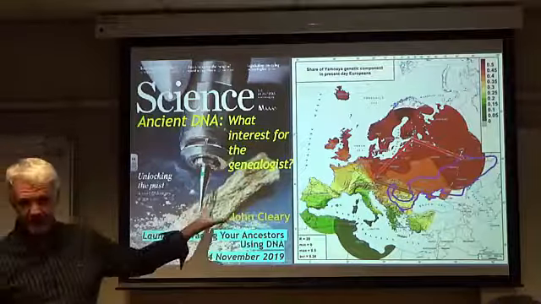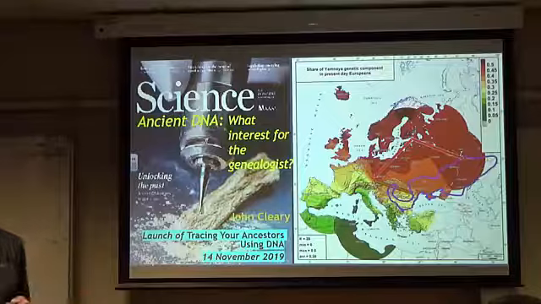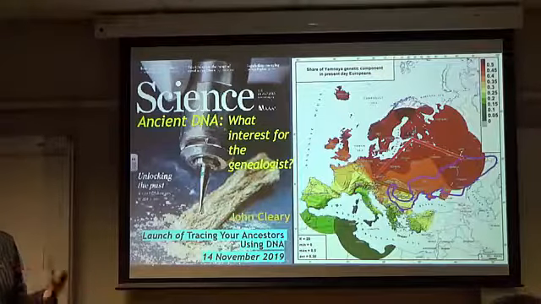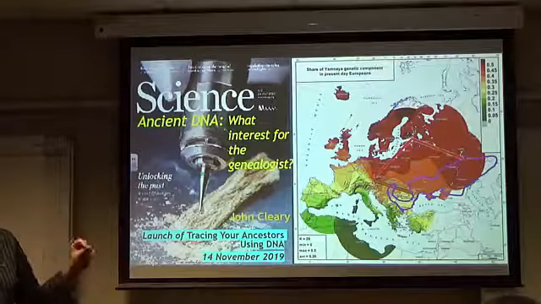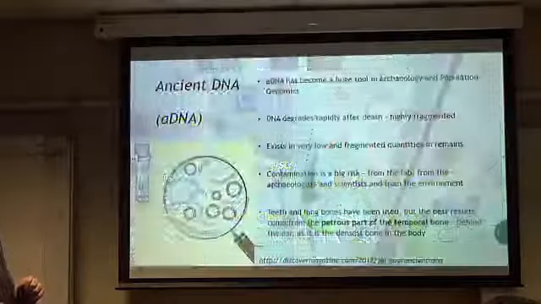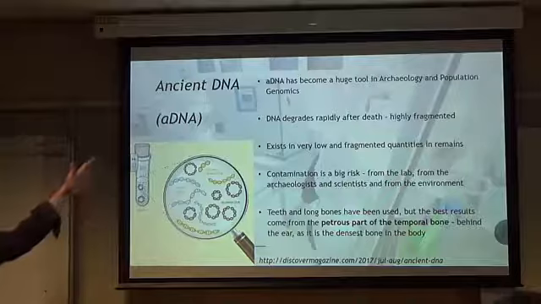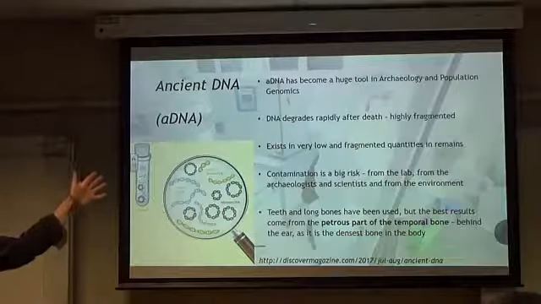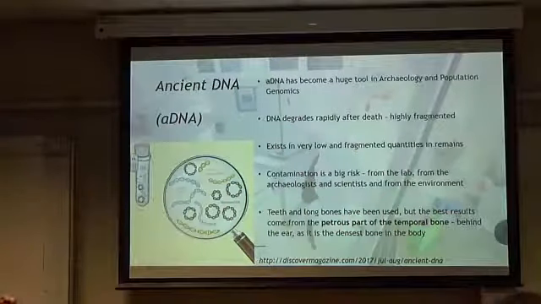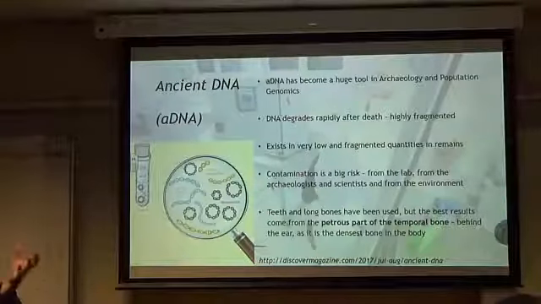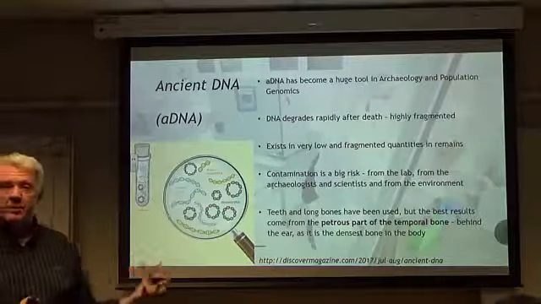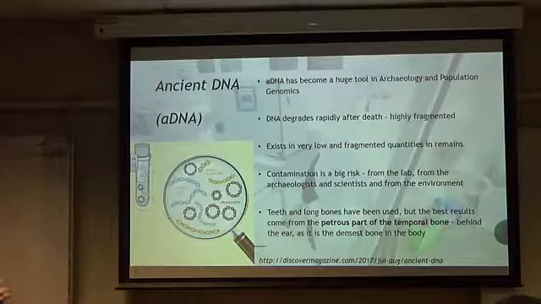Now, this is obviously a very interesting area in itself, but I'm going to try and address here what use ancient DNA can be to the genealogist. So essentially ancient DNA, as I said, is DNA recovered that is rapidly degrading after death. It's highly fragmented. There's not very much of it, so it's very hard to recover, particularly the older the specimen.